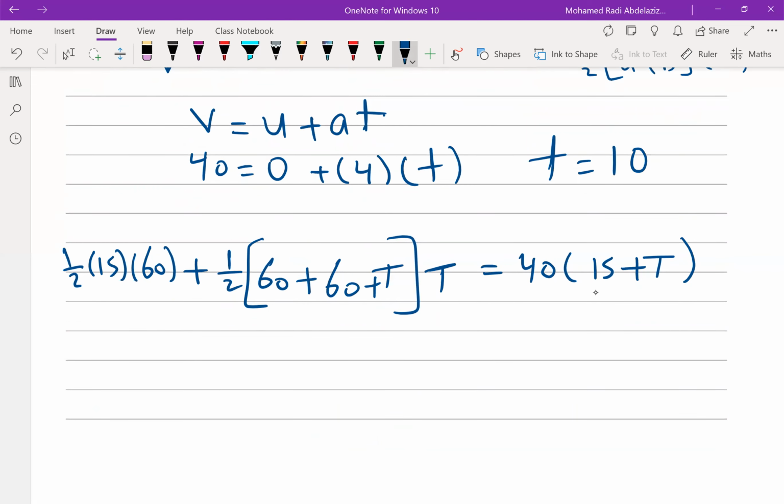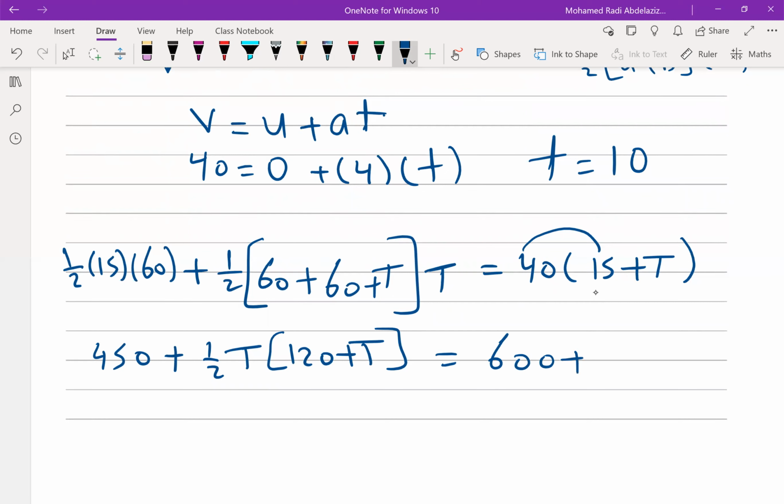The first part is half times 15 times 60, so the answer will be 450, plus half of t times 120 plus t, is equal to 40 times 15, so the answer is 600, plus 40 times t.